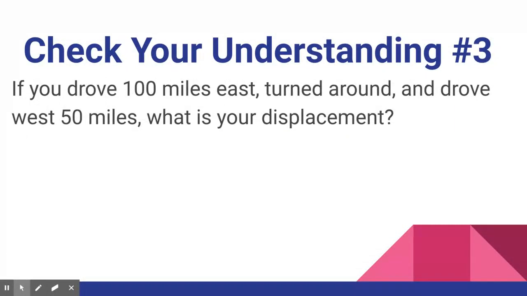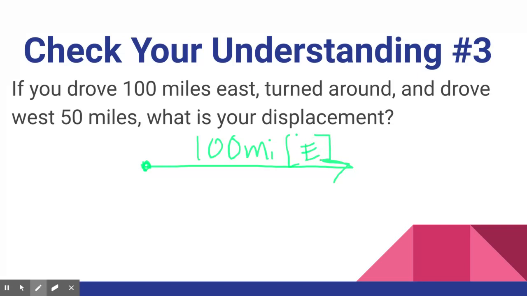If you drove 100 miles east, turned around, and then drove 50 miles west, what's your displacement? Pause the video here, see if you get it right. Okay, so if you drove 100 miles east, and then you turned around and went 50 miles west, what's your displacement?